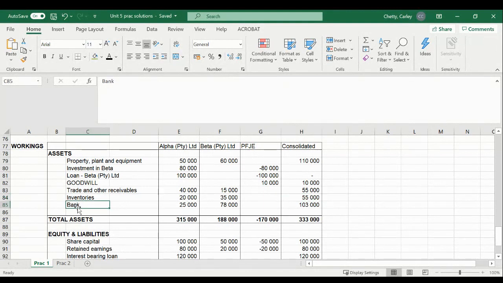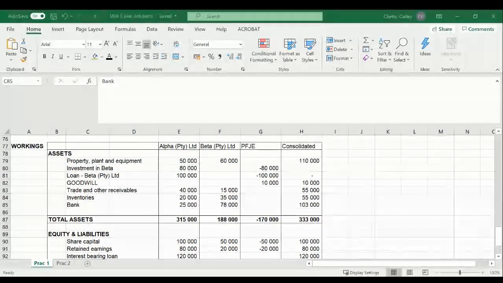Then we have bank. So alpha has an amount of bank of 25,000 Rand, and beta has 78,000 Rand as a bank in its separate financial statements. In the consolidated financial statements, we need to add these amounts.